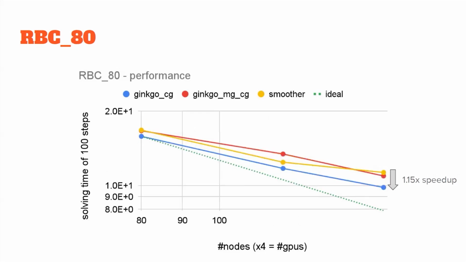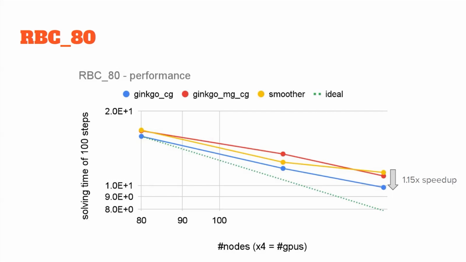And next, we have a larger gap in the 80 node cases, where we run 80, 120, and 160 nodes. So we have seen a big gap compared to the previous one. We have a 1.15 speedup in the end for Ginkgo CG compared to the smoother.